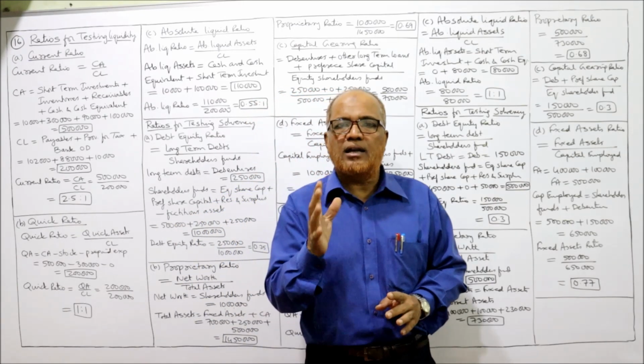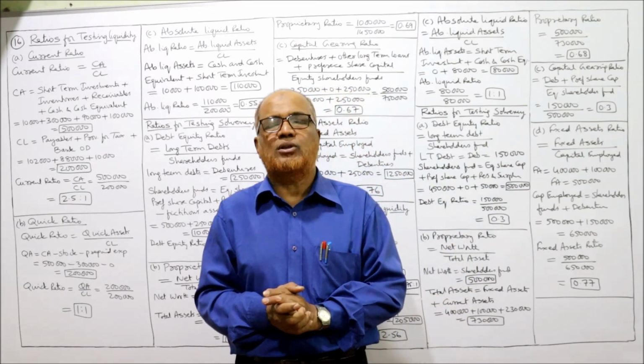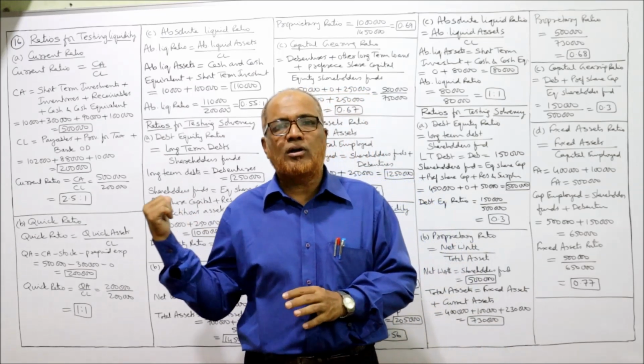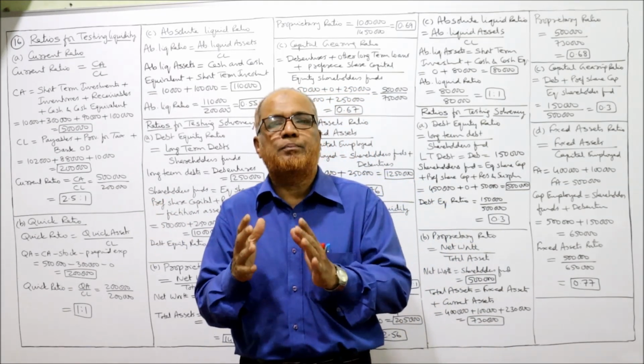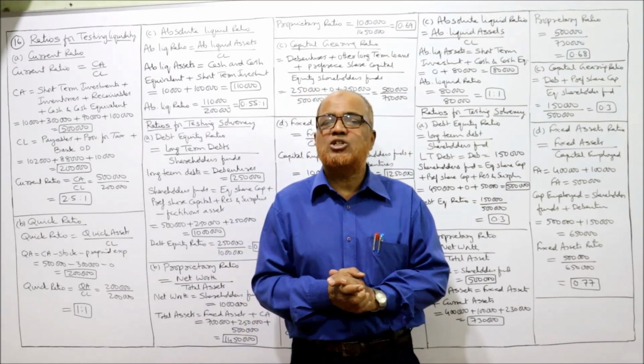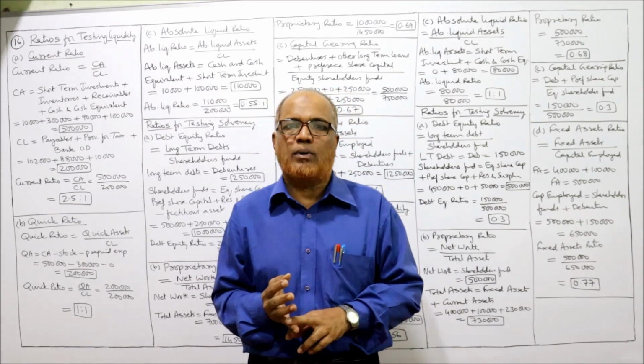Until and unless you are fully acquainted with all the formulas and all the theoretical aspects, you cannot do this type of problems. These types of problems require complete knowledge of ratio analysis theory as well as problems.